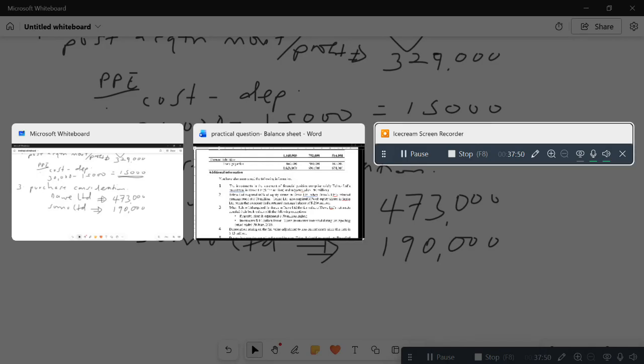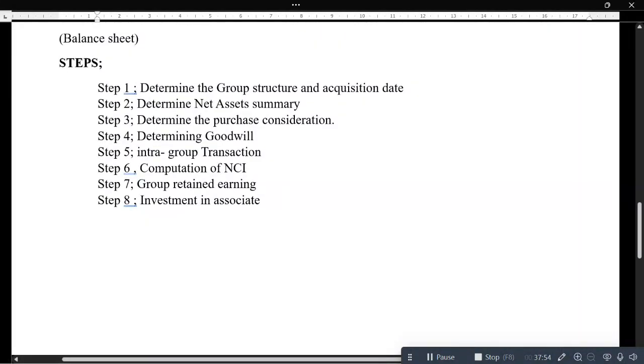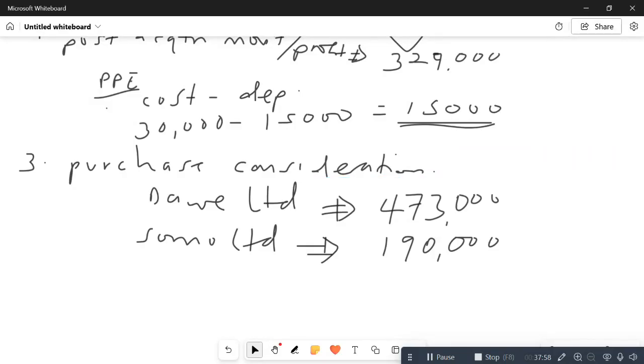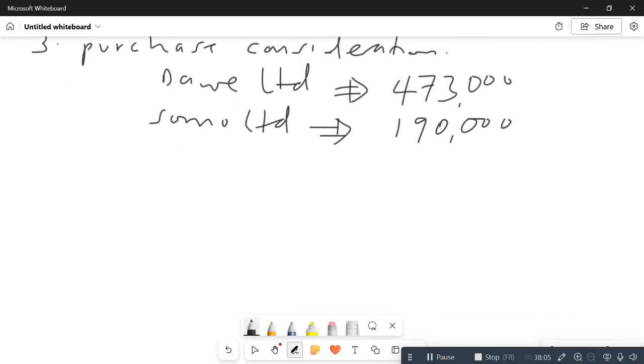Let's go to step 4. Step 4 was about determining goodwill.